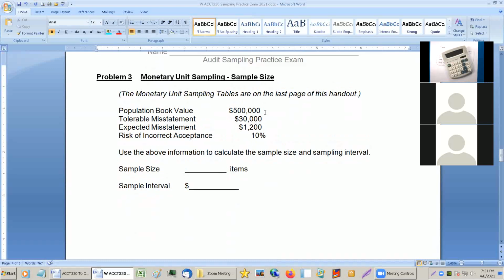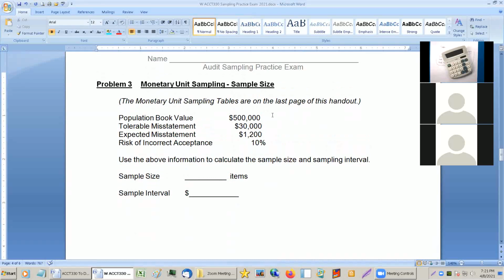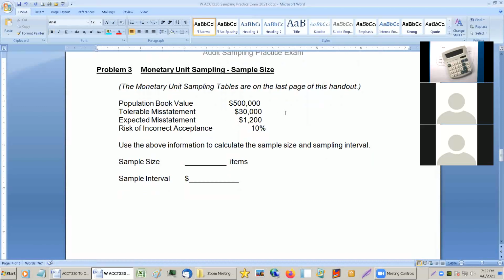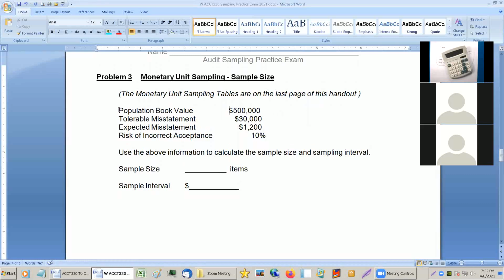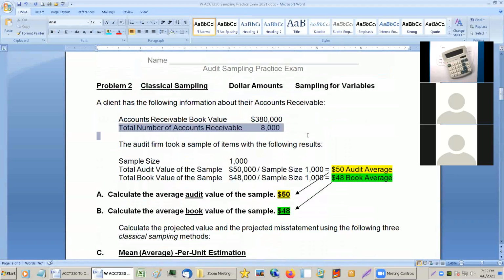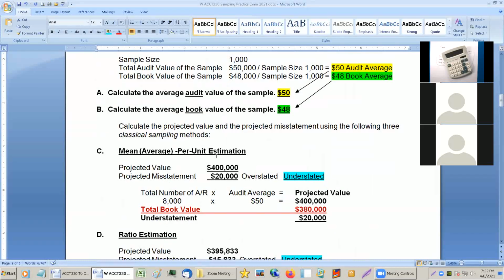Monetary unit sampling, there's two things that a lot of times they will ask you about. One is sample size, how to pick the sample size, which has a couple of quirky things about it that you'll notice. They don't actually give you the number of items in the sample. It's not like up here, where they give you the total accounts receivable and you multiply it out.